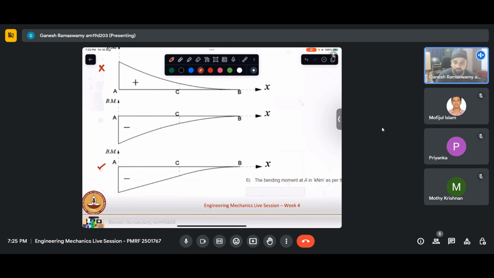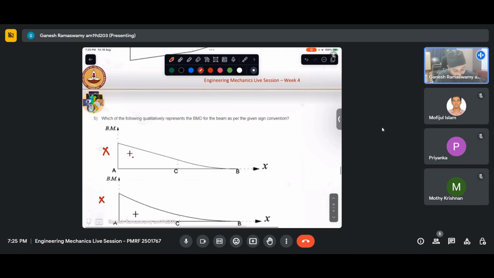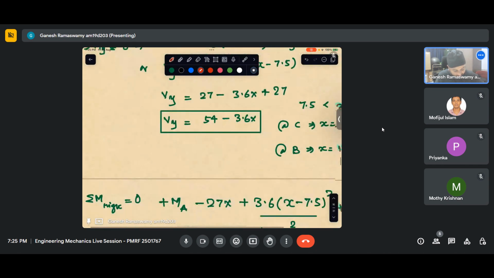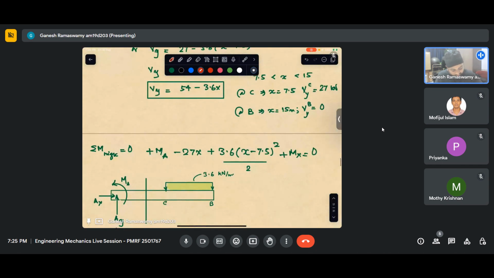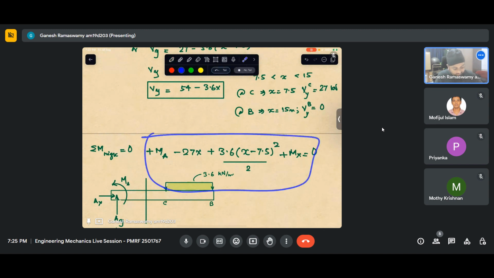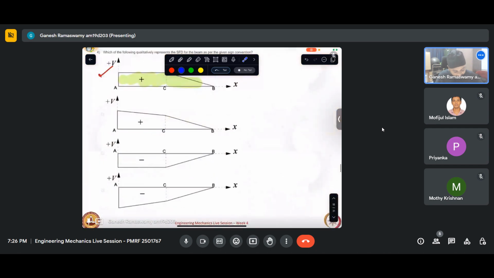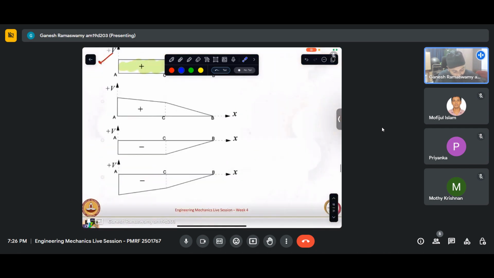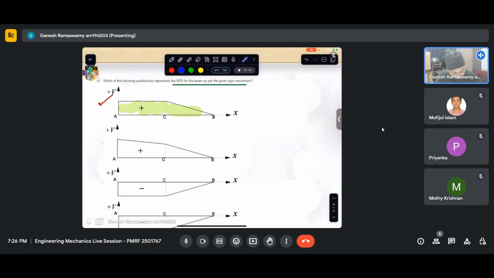So let us check it once with whatever idea we have. In portion CB, since we did not solve for this big equation, let us just verify whether whatever we have been doing is consistent or not. Now I know that at point B, my shear force is 0. What does that imply? The slope of the bending moment diagram is 0 at that point.